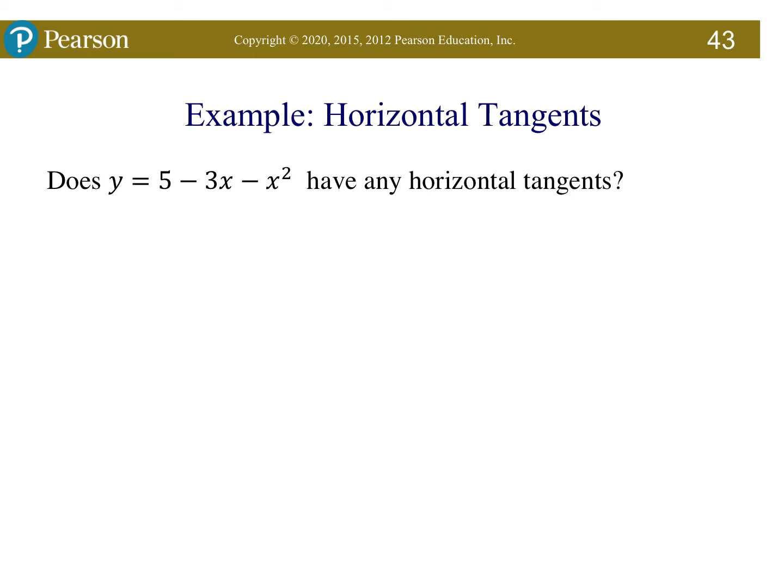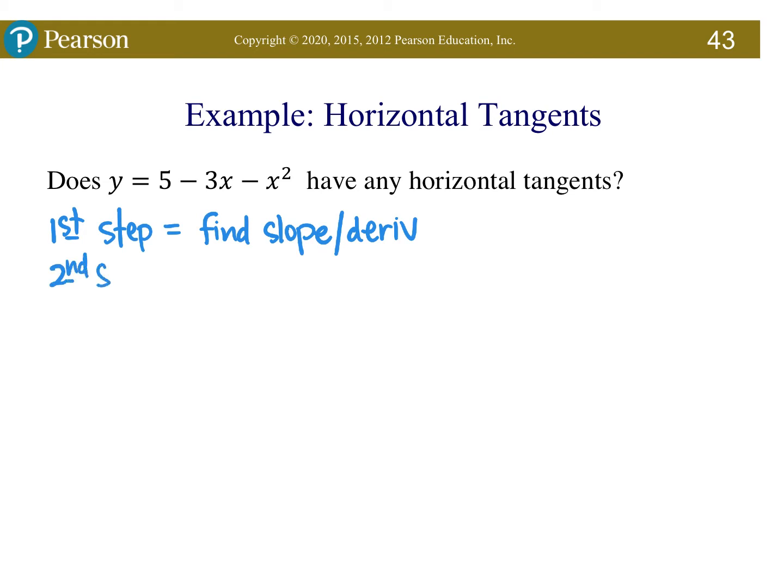So first step, find the slope. And finding the slope is finding the derivative. And then our second step, once we've found the slope, is to set the slope, or the derivative, equal to 0.